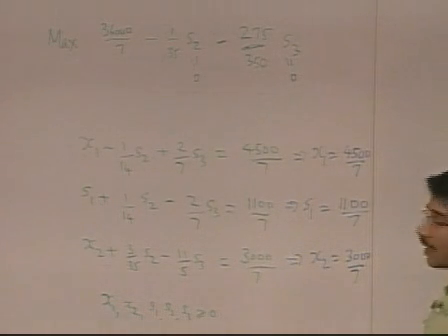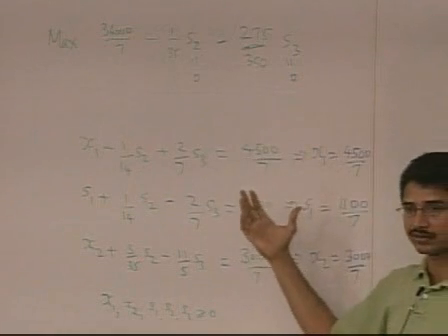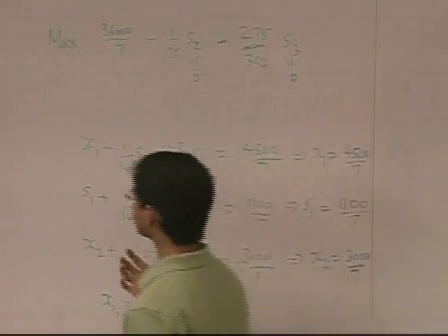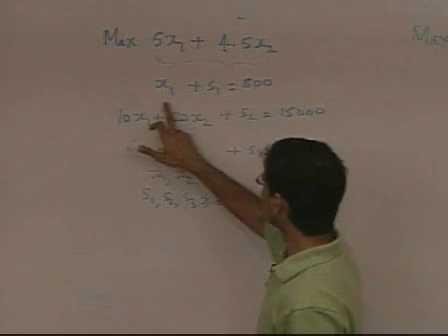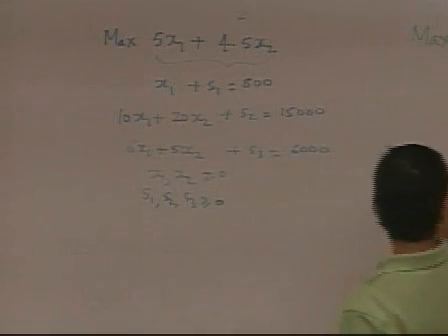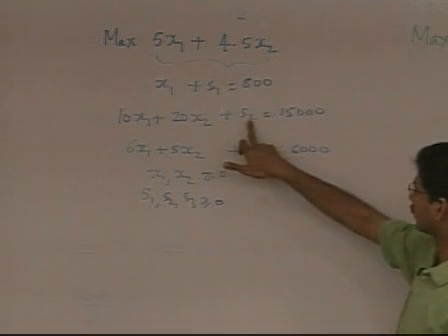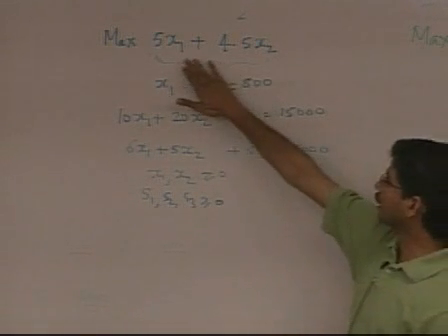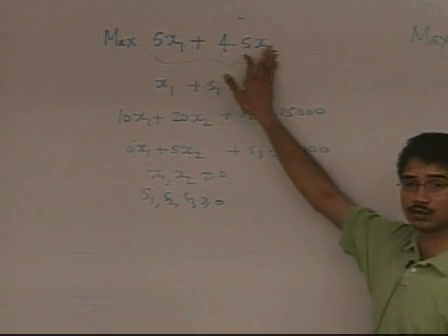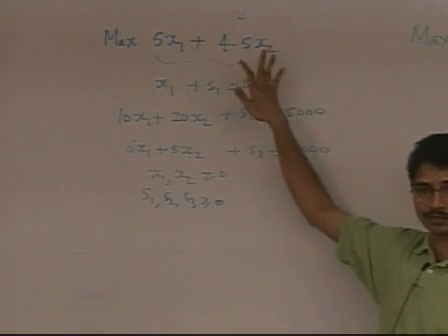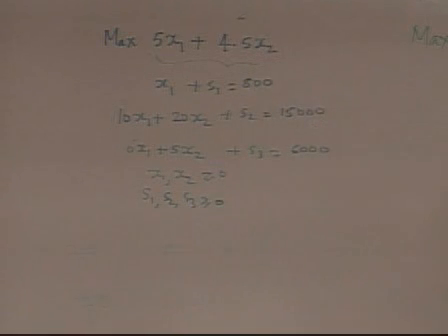So you want to rewrite your system of equations in such a way that instead of that you use S2, so you eliminate x1 and x2 from the objective function. Okay.